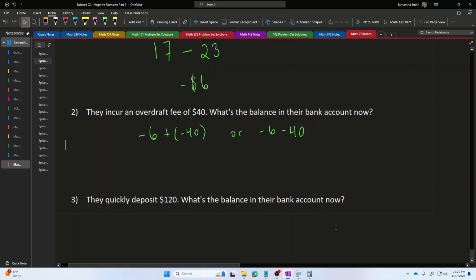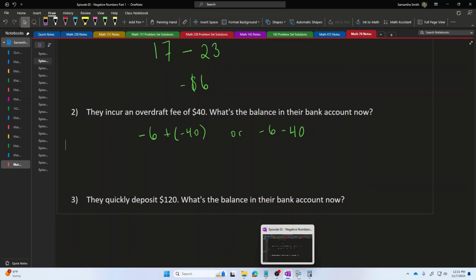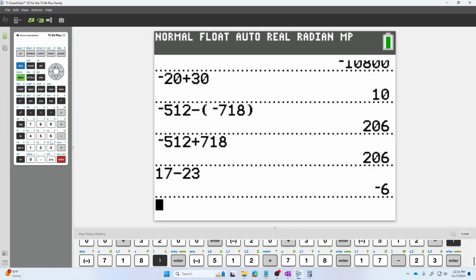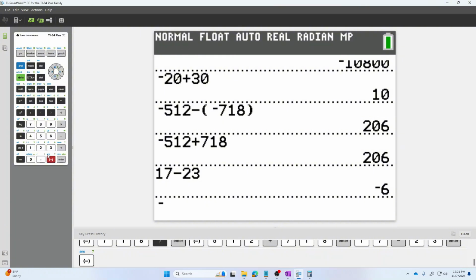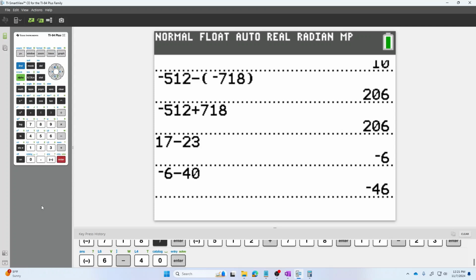Now let's go to the calculator and enter one of these two values and see what we get. So for example, if I want to do negative 6, and here's the negative symbol, right? Negative 6, and I want to subtract 40, the result of that is going to be negative $46.